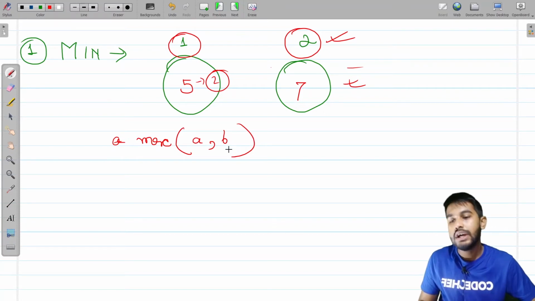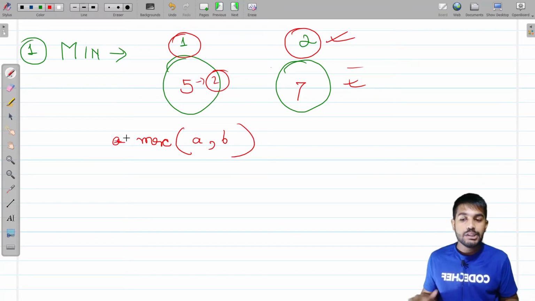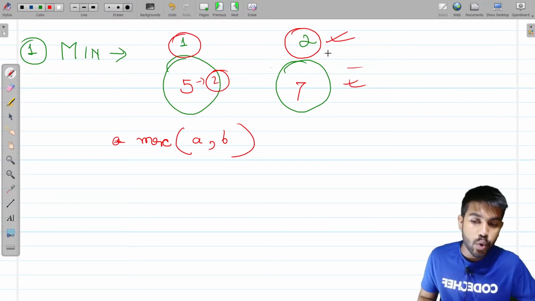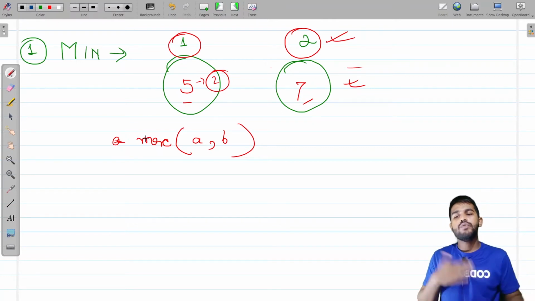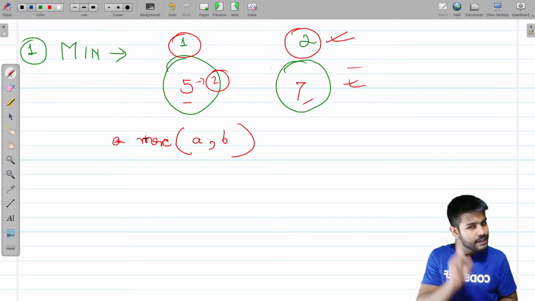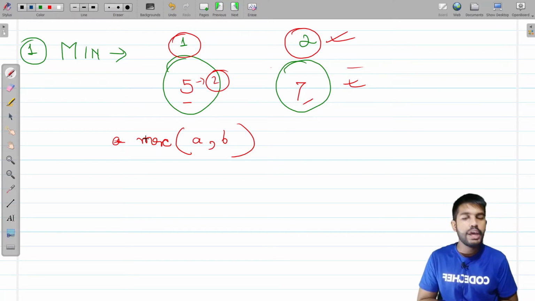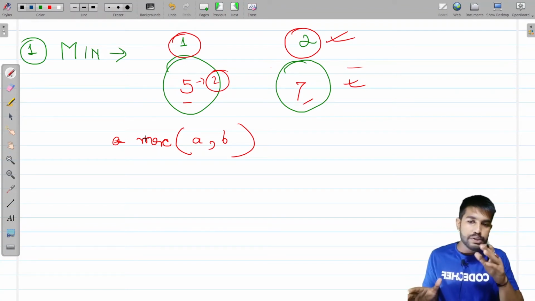Am I clear? So I would be repeating the idea. Suppose there are two guards, and guard 1 saw the chef entering the building 5 times, guard 2 saw it 7 times. Either one of them would be awake. So we can consider that either guard 1 is awake the whole time or guard 2 is awake the whole time.